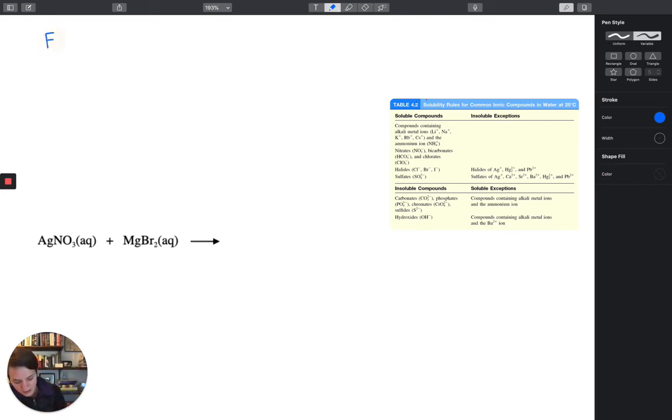So formula, this is just what we've been doing this whole semester, right? Just your regular chemical equation.